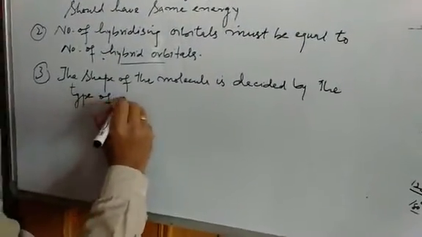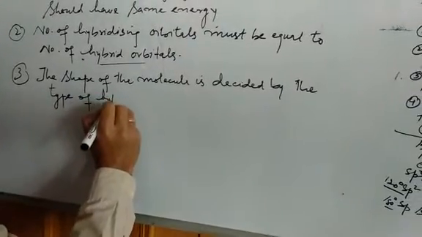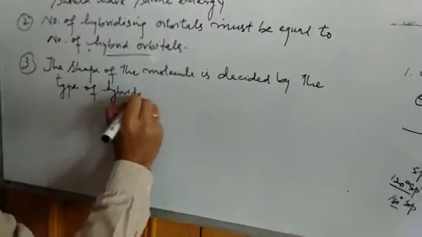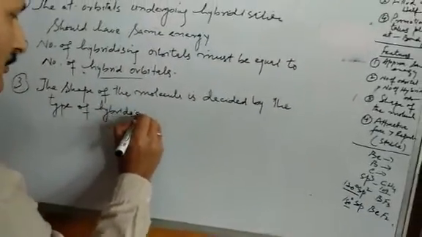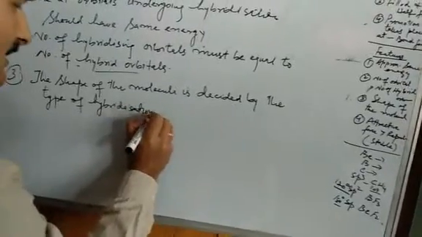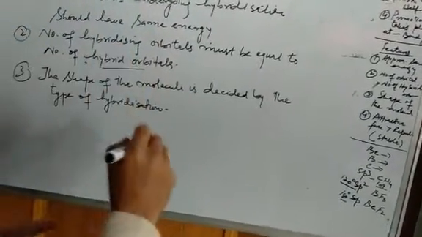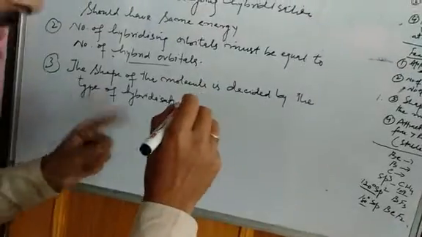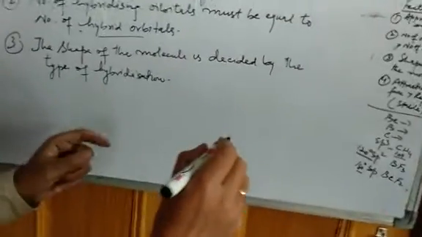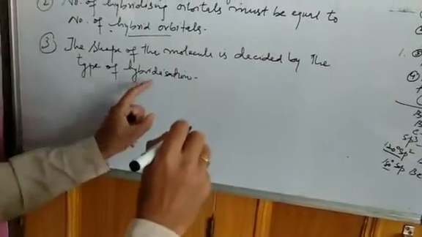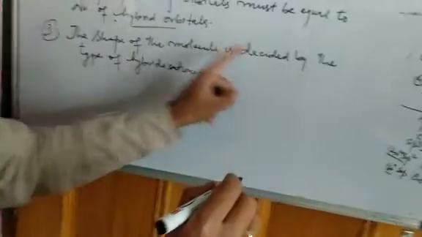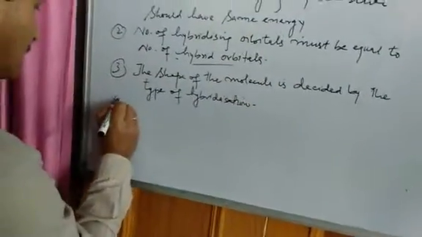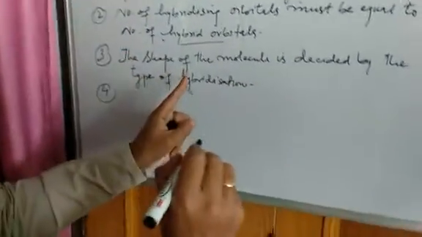We have many types of hybridization, say sp, sp2 and sp3 hybridization. We will be discussing them later on. Depending upon the type of hybridization, the shape of the molecule can be decided. So this is another feature.